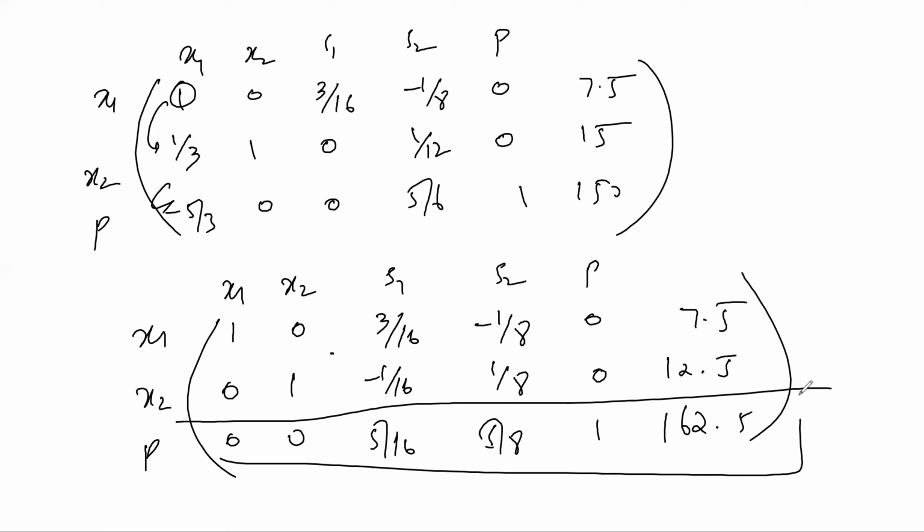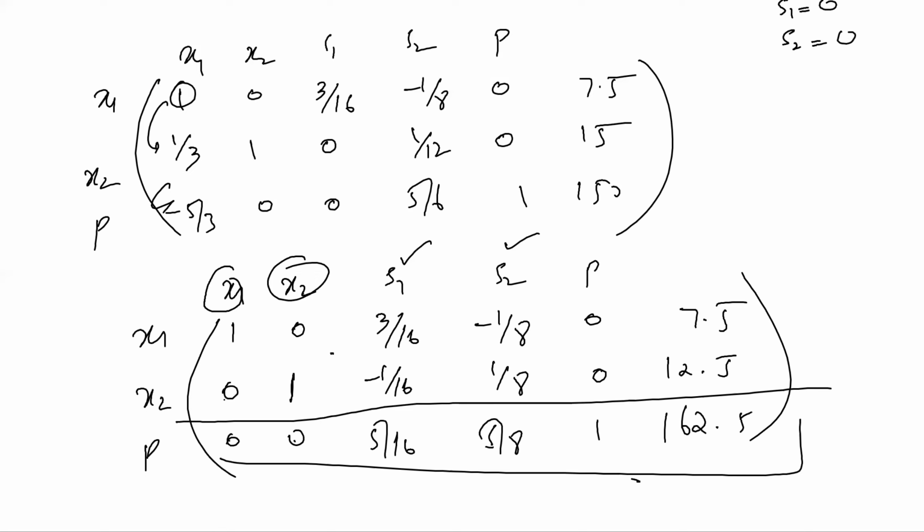Now we will read our solution. Now the basic variables are x1 and x2, because in x1's column we have 1 and the rest of the elements are 0. In x2's column we have 1 and the rest of the elements are 0. But you see S1, S2 are non-basic variables, and as I said at the beginning of the lecture, we always assign value 0 to our non-basic variables.